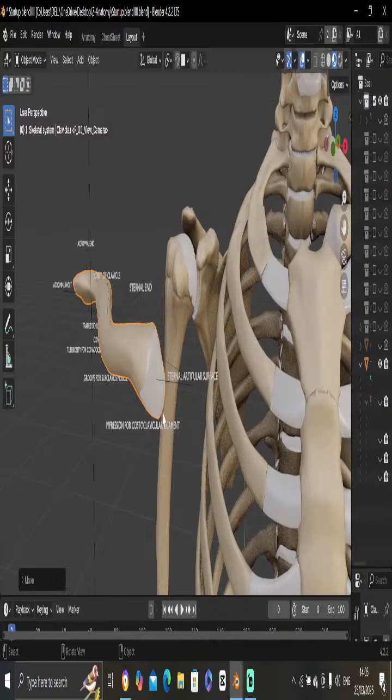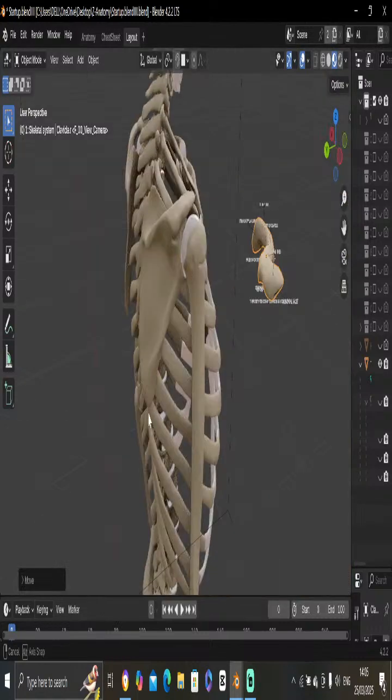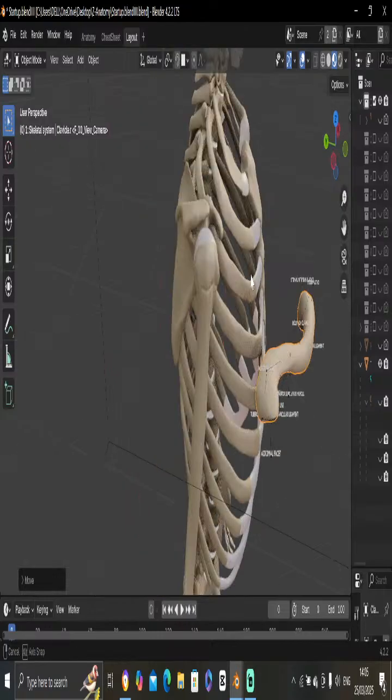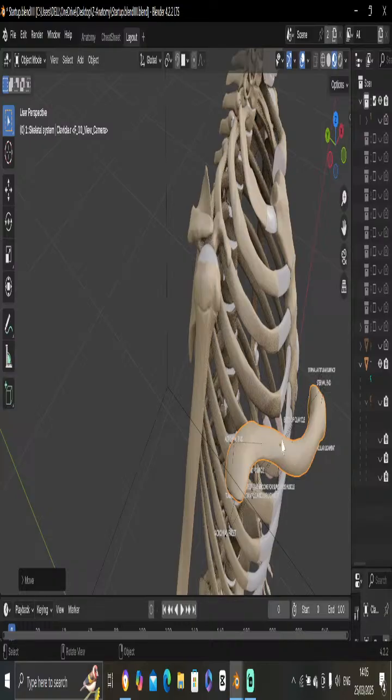If we look at it from the medial end, we can see it's tracing roughly a circular cross section. But if we look at it from the lateral aspect, we can see that it's flattened laterally. So basically the medial 2/3 of the clavicle is roughly spherical in cross section, but the lateral 1/3 is flattened.